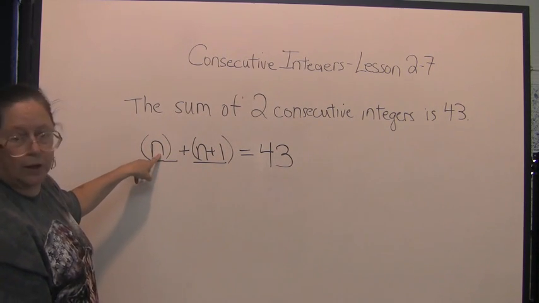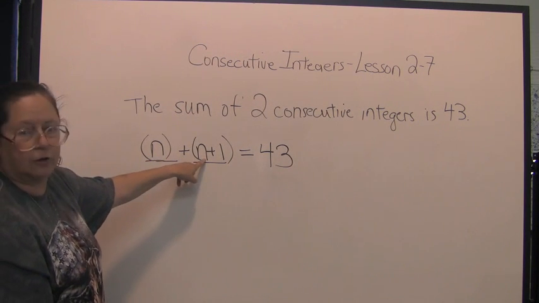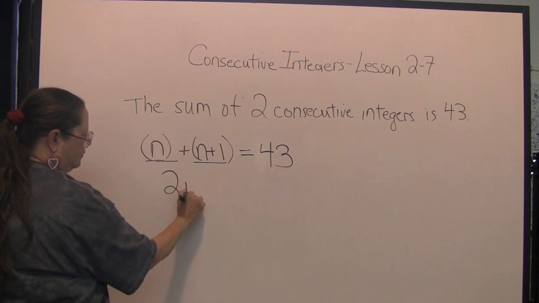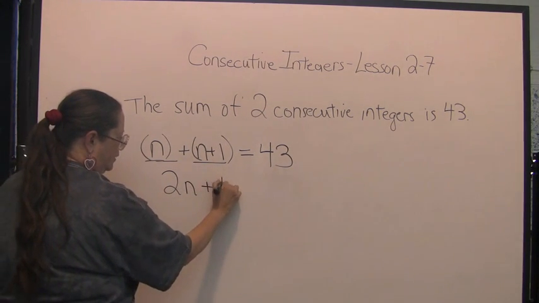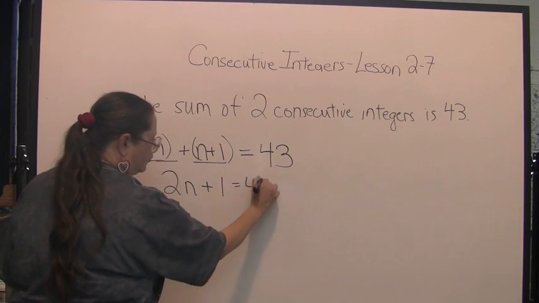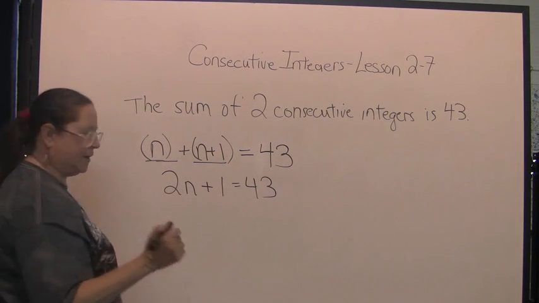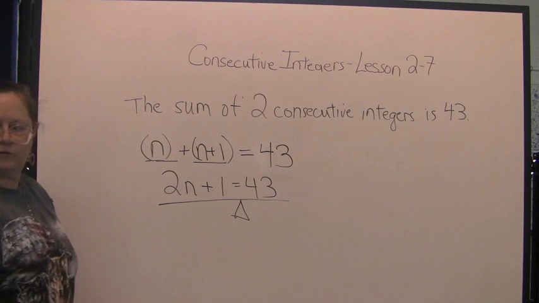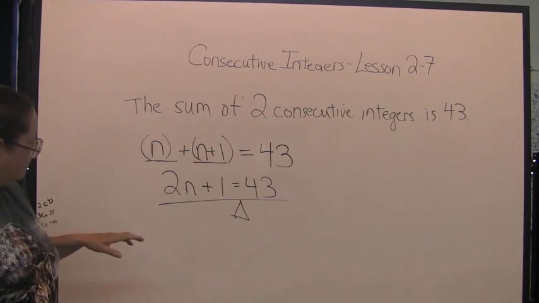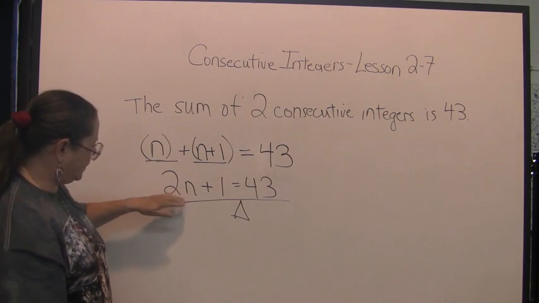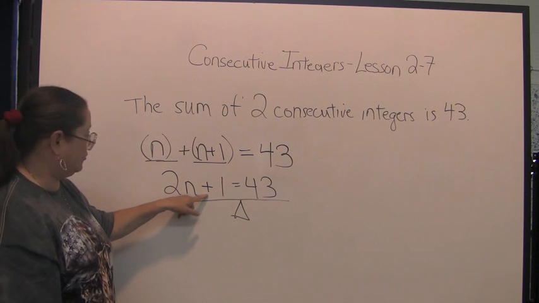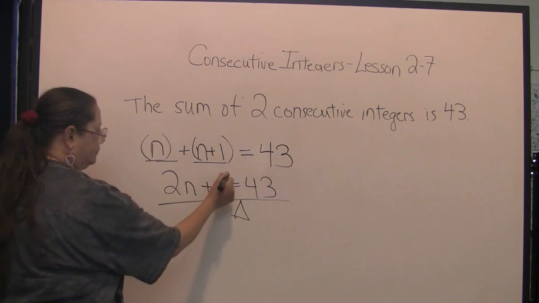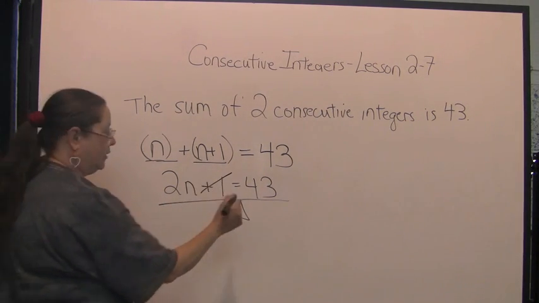I've got 1 n here and another n here, so I've got 2 n's, plus that 1, equals 43. Remember, my equation's like a teeter-totter. I have to keep it balanced. I want to figure out what n is. One of the things I can do first is to get rid of this 1. So if I take 1 away over here, I have to take 1 away over here.